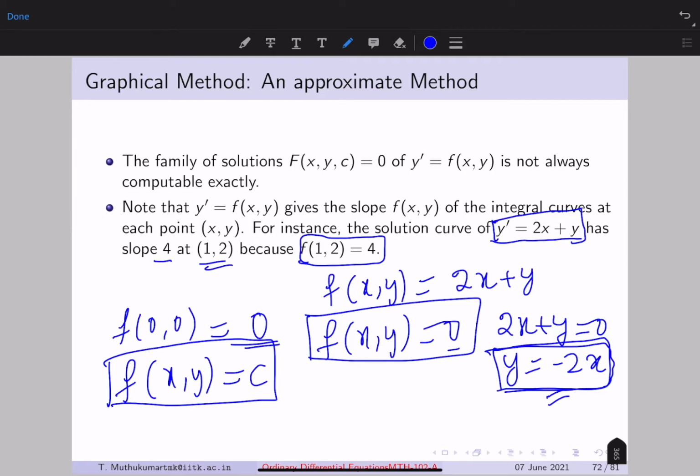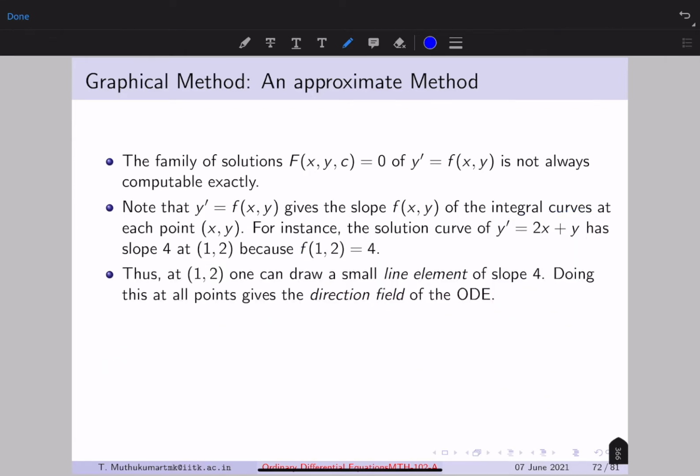Then you can actually plot the curves. I will show it by examples, but the understanding is that even if you don't have an exact formula to solve for this ODE, the ODE itself can give you an approximate way to visualize the graph, the shape of the unknown solution y.